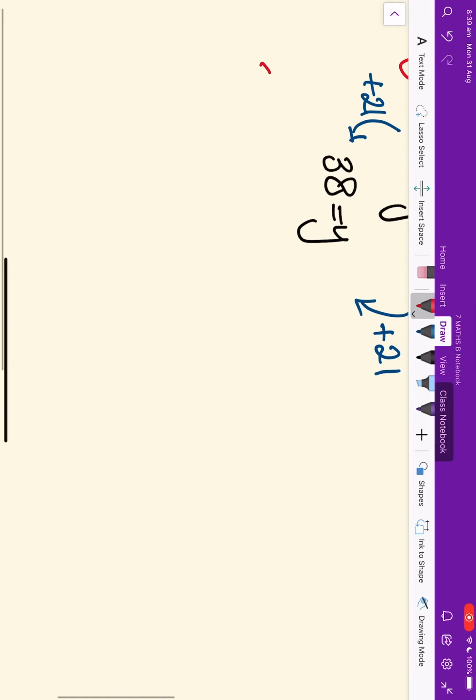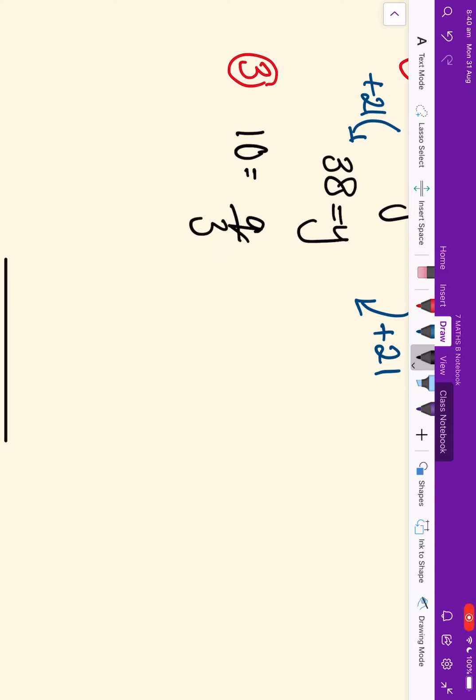One more. 10 equals q over 3. Again, we want this q, which is our pronumeral, by itself. So this 3 here is being divided. So what's the opposite of dividing?